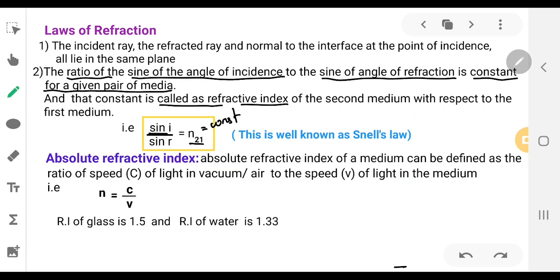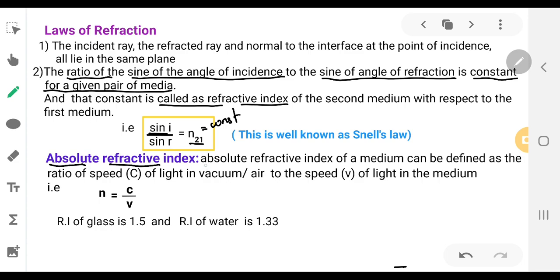The refractive index tells us how much the velocity of light changes when it enters from one medium to another. There are two types of refractive index: absolute refractive index and relative refractive index.